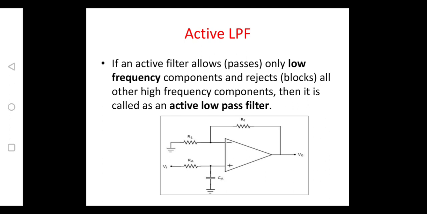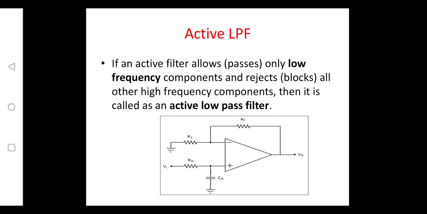If we observe this circuit diagram, as it is a low pass filter, input is given across the resistor and output is taken across the capacitor. For the non-inverting terminal, input is resistor, output is a capacitor. So it is a low pass filter.